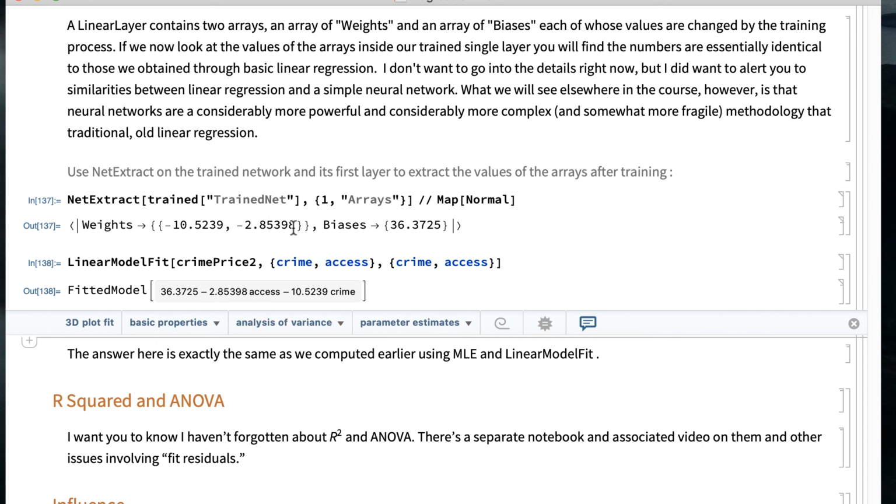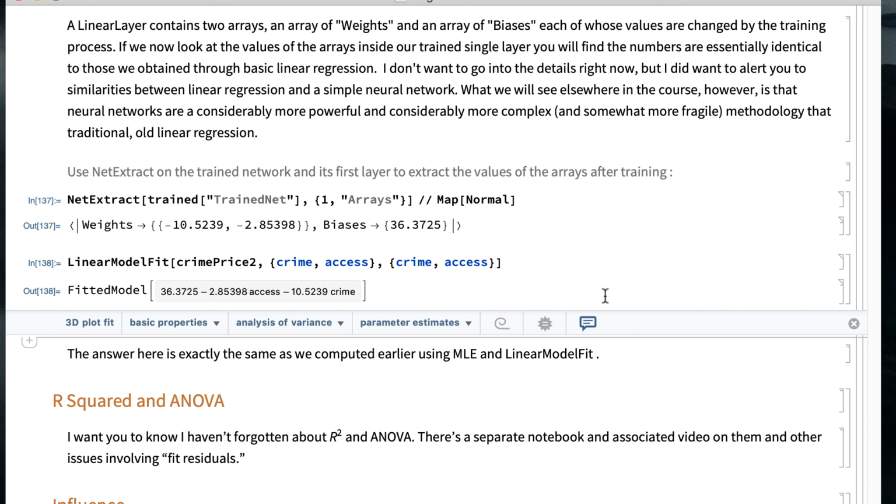Negative 2.85 times access, negative 10.52 times crime, and our intercept term, which is the same thing as a bias, is 36.3725. And so it turns out that essentially the neural net is implementing a penalty function method, and the penalty that has been selected is the one that gives you the same result as the maximum likelihood estimate.